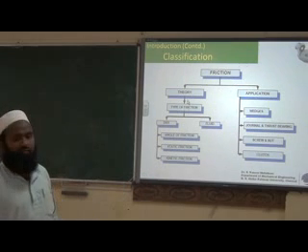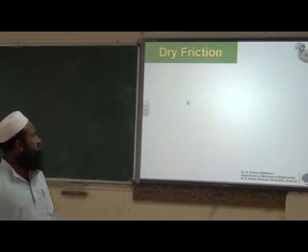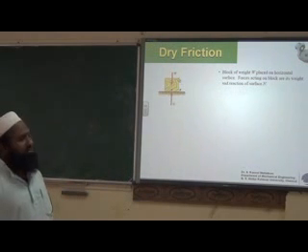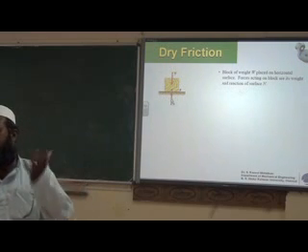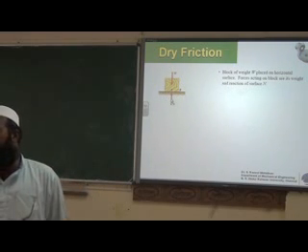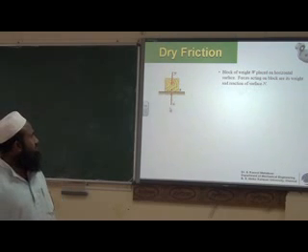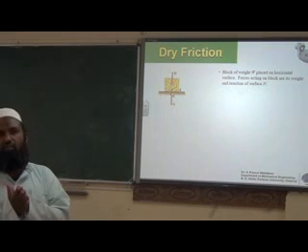Okay. Dry friction is otherwise called Coulomb friction. Suppose you consider a block of weight W resting on a plane. So the weight of the block is W. So we have only a reaction due to the weight: normal reaction N acting in the direction opposite to the weight at the contact surface.